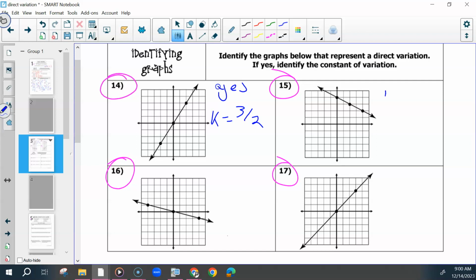The y-intercept is not 0. 16? Yes. What is the k value? Negative 1/4. And 17? Yes. And what is the k value? 3/3, which simplifies to 1.